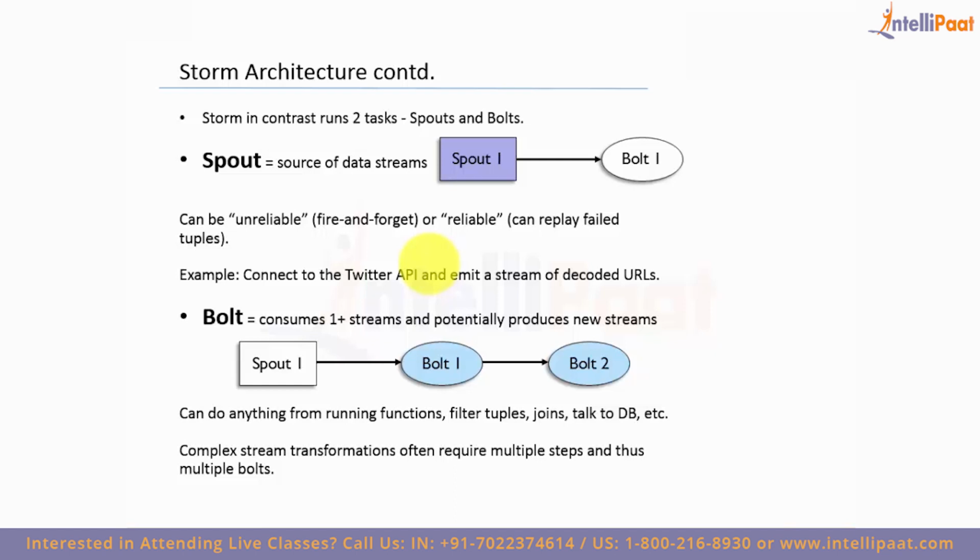For example, I am going to have the input from a given spout or a stream. Take the example of a Twitter API. This data will be fed to bolt 1, which will process the data in one way or the other. Now let's assume that this data needs to be processed further, and in such scenarios the data will be fed to another bolt.